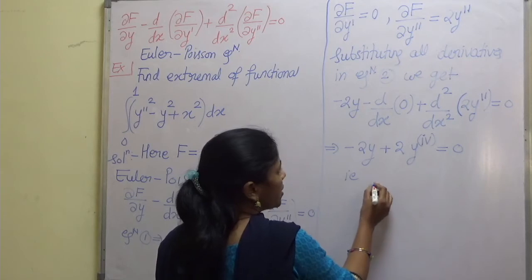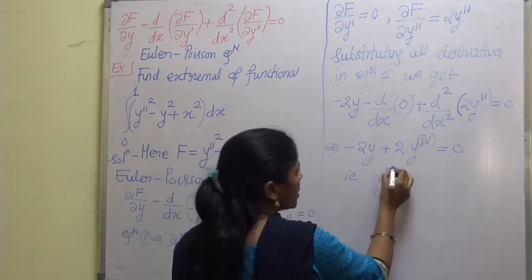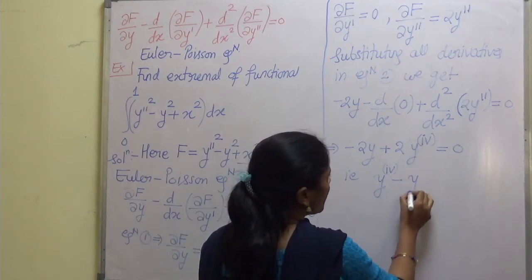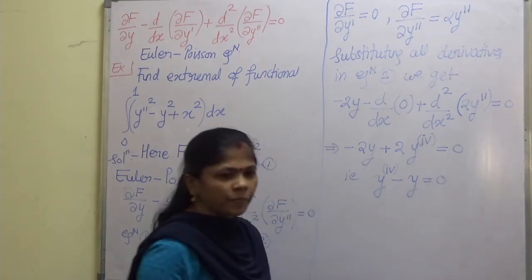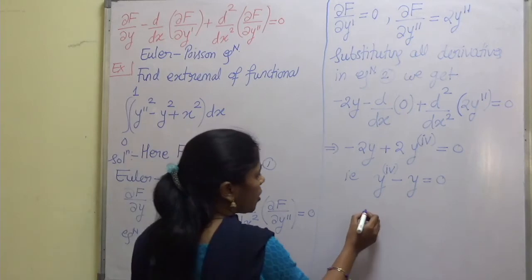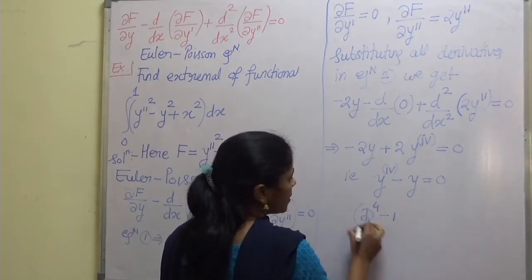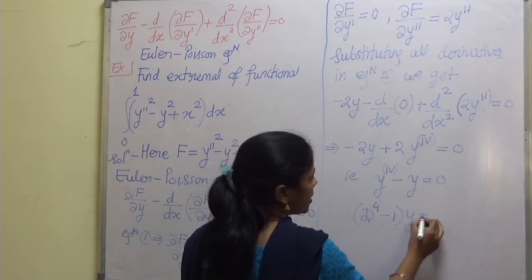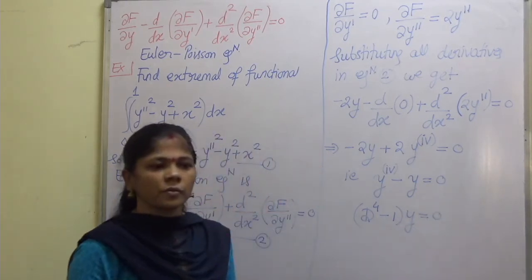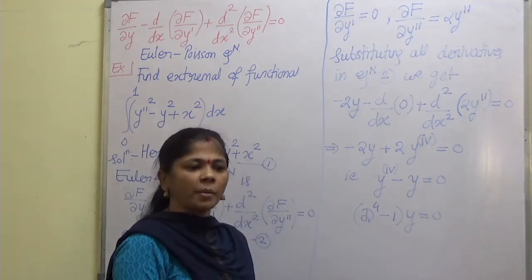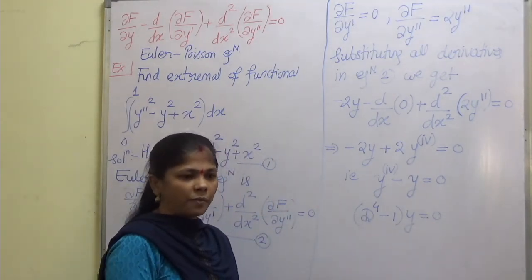So this can be rewritten as the fourth derivative of y with respect to x minus y equal to 0, right? So this can be written in operator form as (D⁴ − 1) operating on y is equal to 0. As the right hand side is 0, only the complementary function will be the desired solution of this equation.